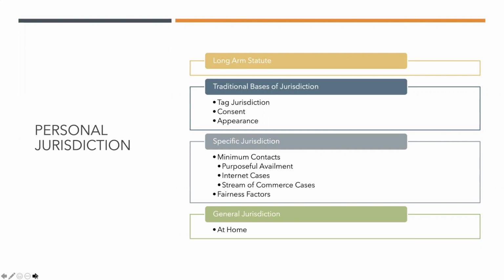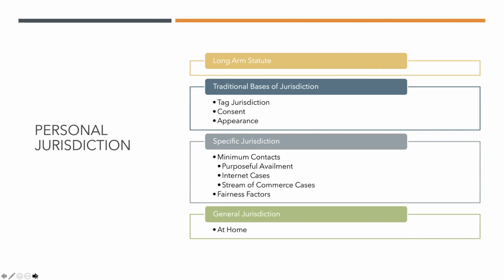Another issue that could potentially come up on my personal jurisdiction exam is specific jurisdiction. I know that generally for specific jurisdiction, we need minimum contacts and we need fairness, which is an analysis of the fairness factors. However, remember that when you're pulling all of this out, you're thinking about all of the potential issues that I might have to spot on an exam.